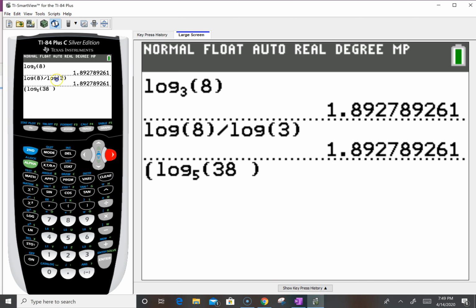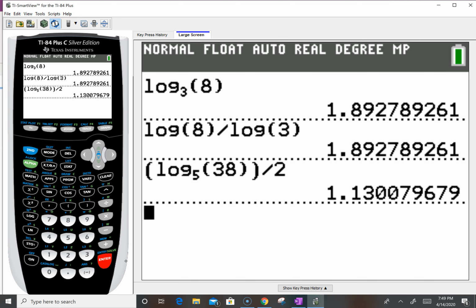Okay, get out of the parentheses. Now this parentheses right here on the right is closing the parentheses on the 38, but I need to close the parentheses on the numerator, so I'm going to have one more. And parentheses come in pairs. You have to have a left and a right, so you can't have an odd number of parentheses. It won't work. And divide by 2, and I get 1.130.